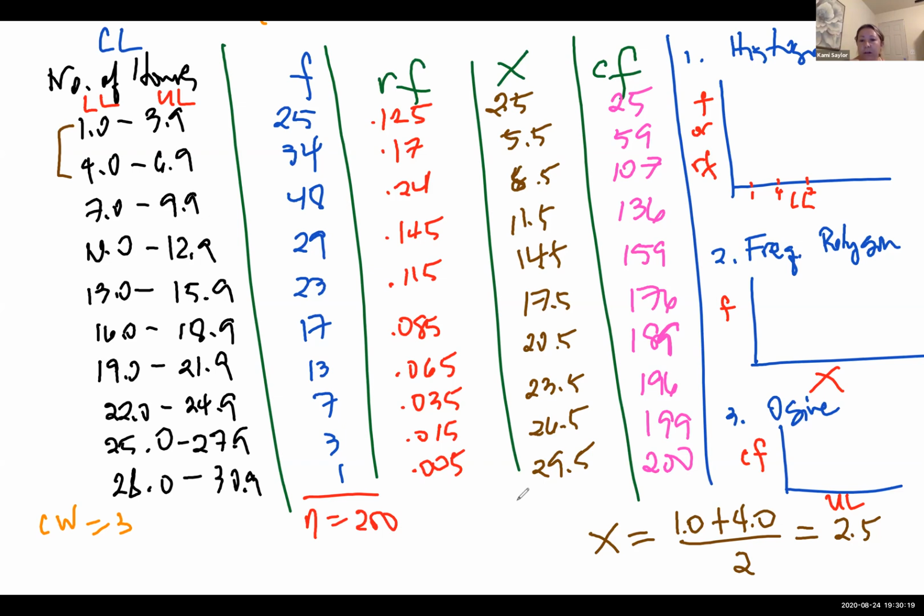How would you do that? What kind of histogram? Did they use frequency or relative frequency? So there are two types. The histogram here is either frequency or relative frequency, right?